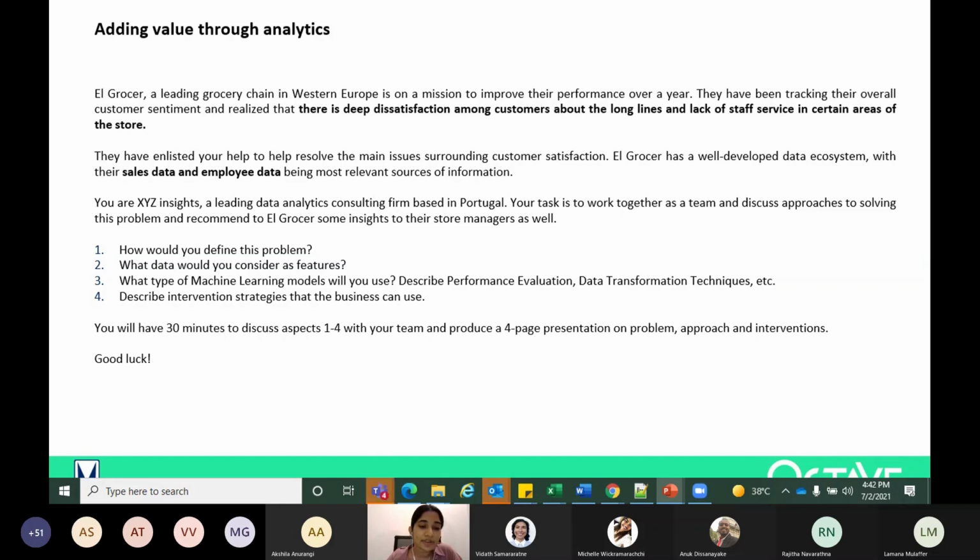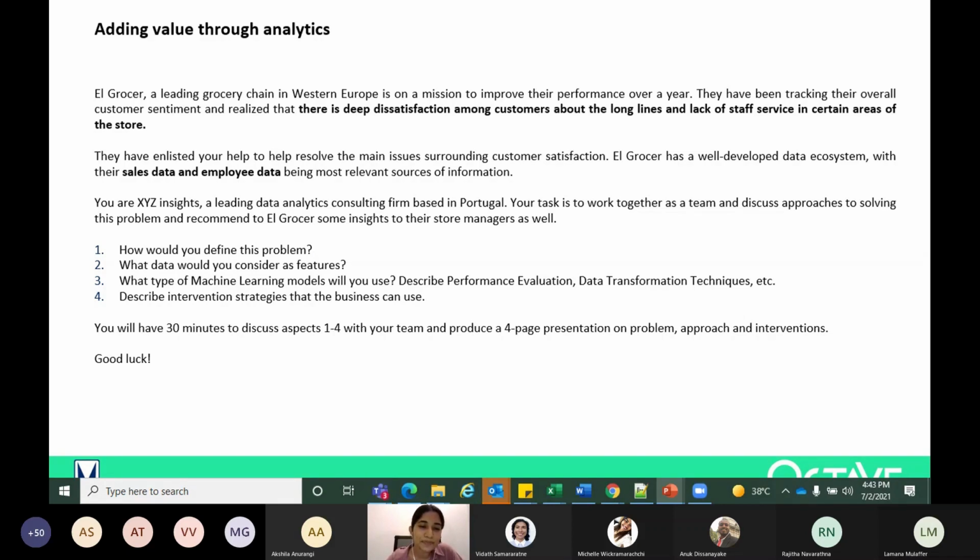And for each of these, we'll be breaking you guys out into breakout rooms. You'll be teamed up, and you will get 20 to 30 minutes to come up with a solution. And you will also get about 5 minutes to address each of these aspects.